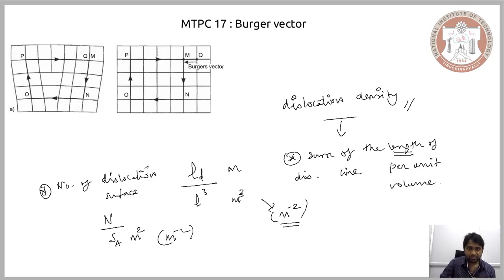Usually the dislocation density that is associated with the surface, or the number of dislocations along a surface, is less than that defined by considering the sum of the dislocation lines. So whenever you are talking about the dislocation density, it is important to be very clear about which definition you are adopting.